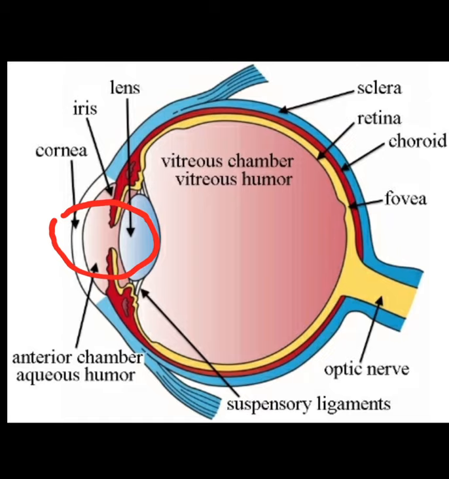This is the opening from where light enters into the eye towards the lens. Now, this iris, which partially covers the lens, is made up of two types of muscles: radial muscles and circular muscles.